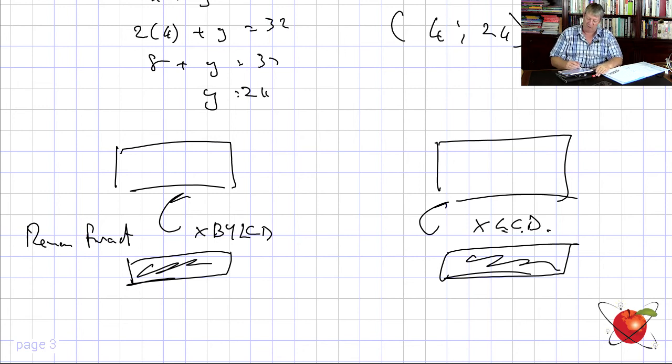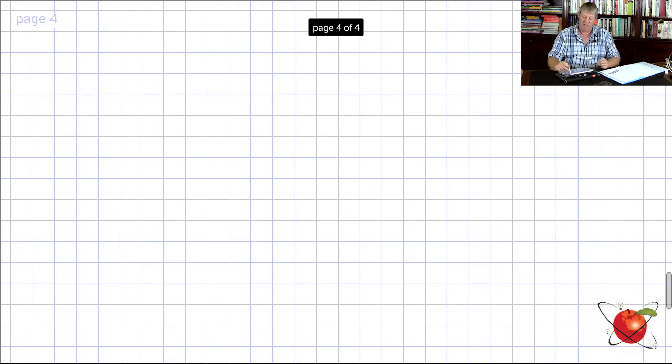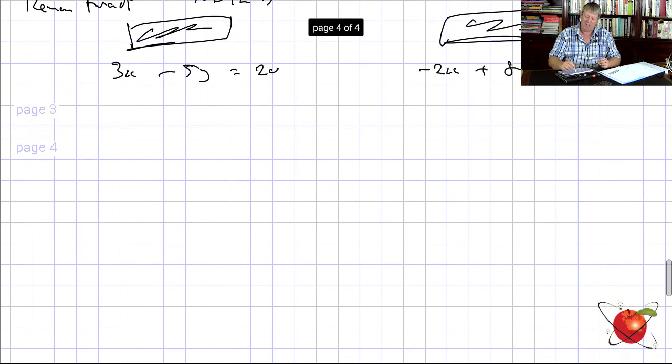Then check. If I've got 3x minus 5y equal to, let's say, 20, and I've got minus 2x plus 8y equal to minus 25, all right? Well, I decide, am I going to choose the y or the x? I'll probably choose the x here because the numbers are smaller, okay? Oh, hang on, that looks a bit messy, so what do I have to do?